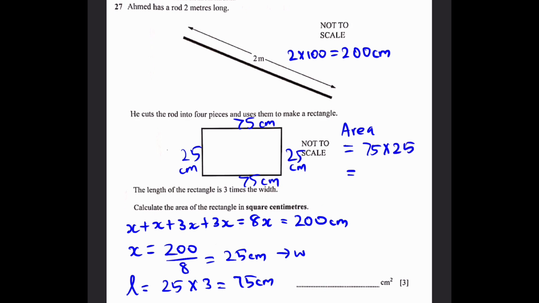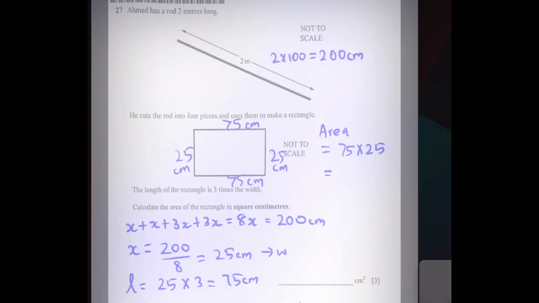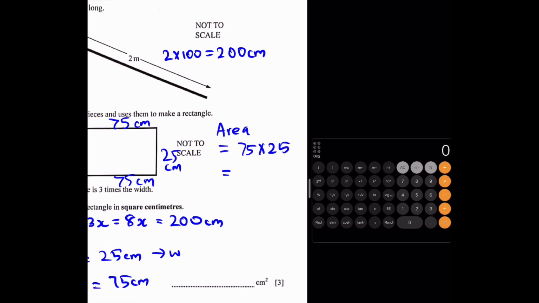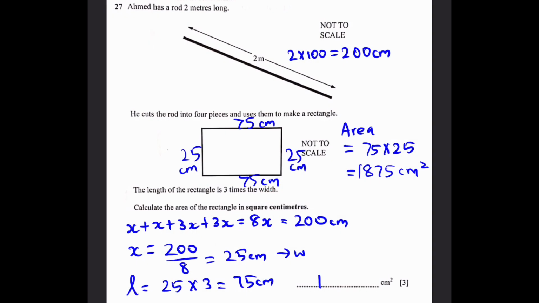And for this, we can use our beloved calculator. So this will be 75 multiplied by 25, which is 1875 centimeters squared. And that's the answer.